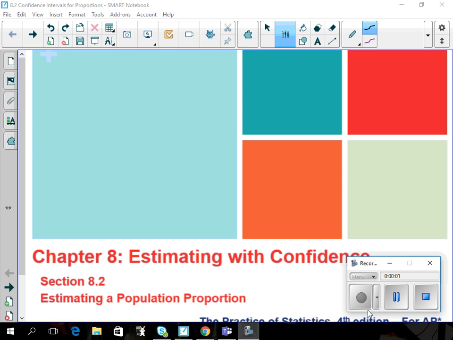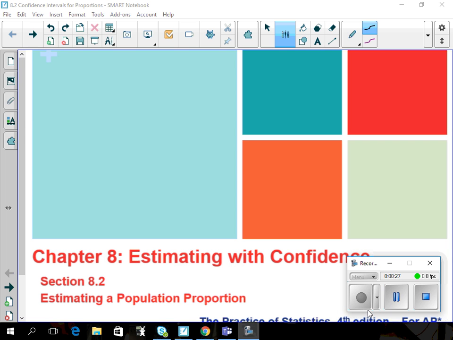Remind me what a confidence interval is? Let's go back to 8.1, what we did last class. What is a confidence interval again? Nate? How sure you are that the actual parameter falls within that.